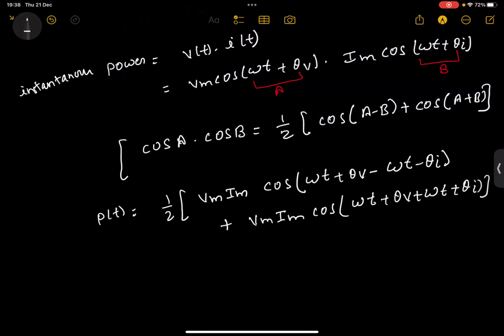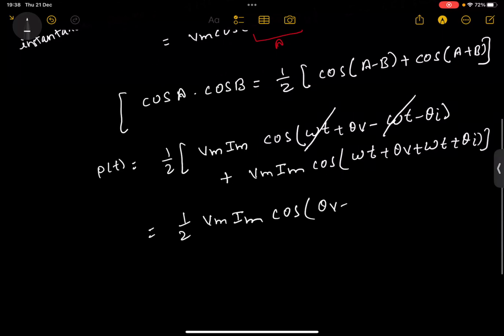So omega t cancels out. This becomes 1 by 2 Vm Im cos(theta V minus theta I) plus 1 by 2 Vm Im cos(2 omega t plus theta V plus theta I).